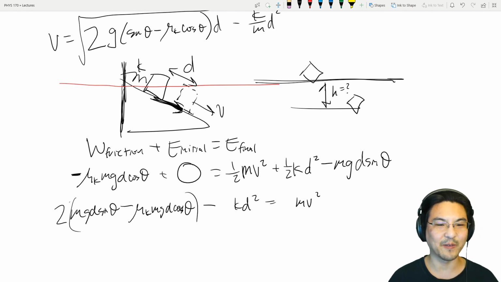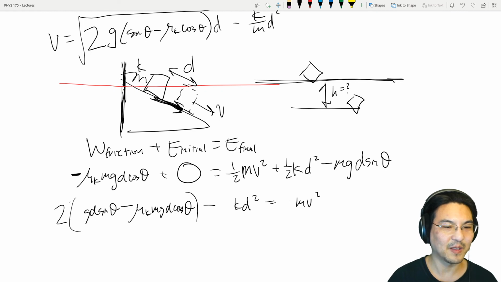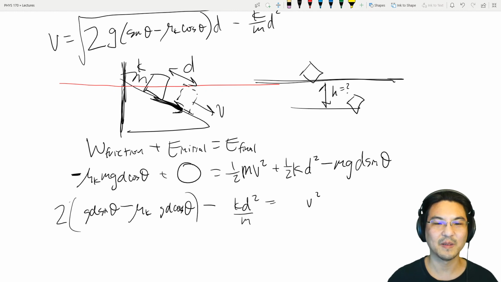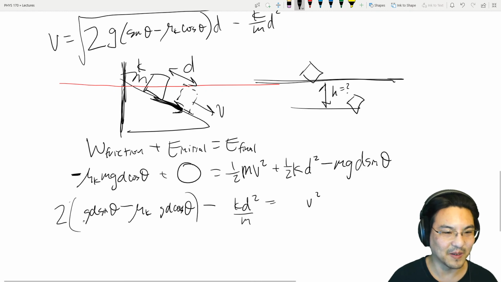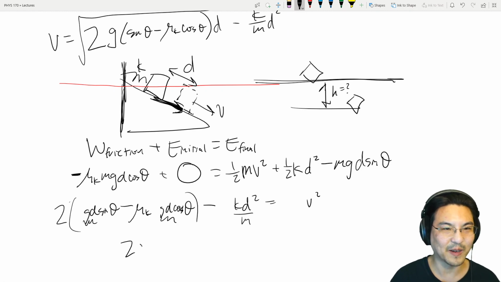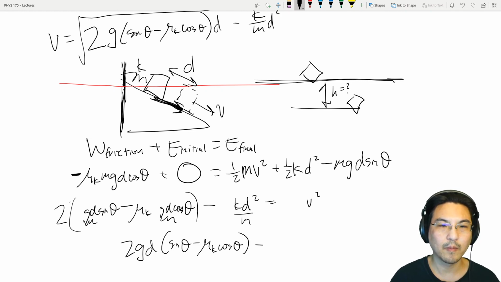And then let's divide everything by m. So divide by m, divide by m, divide by m, and here we go. And then we just take the square root. Let's see, you can see there's gd, gd, I can factor that out. Okay, so v squared equals this, so v is the square root of that.